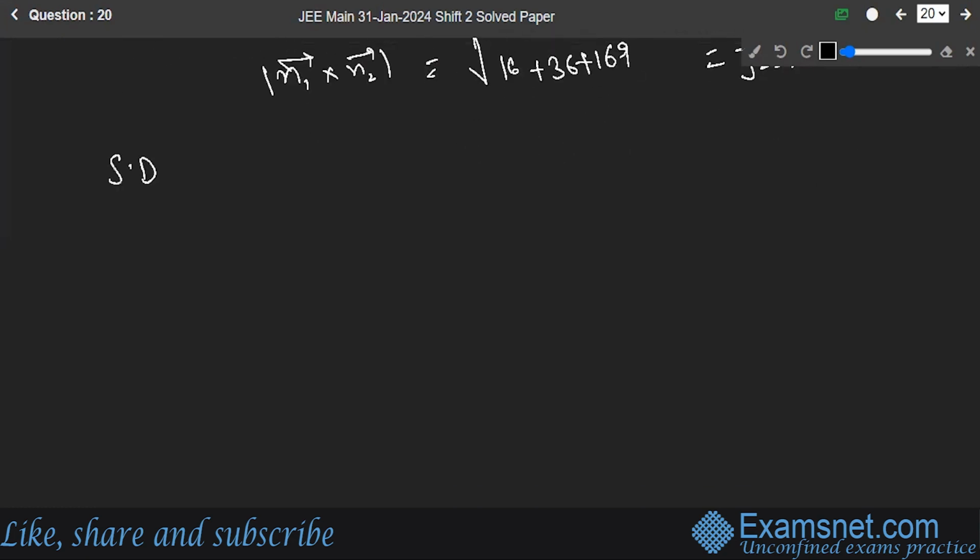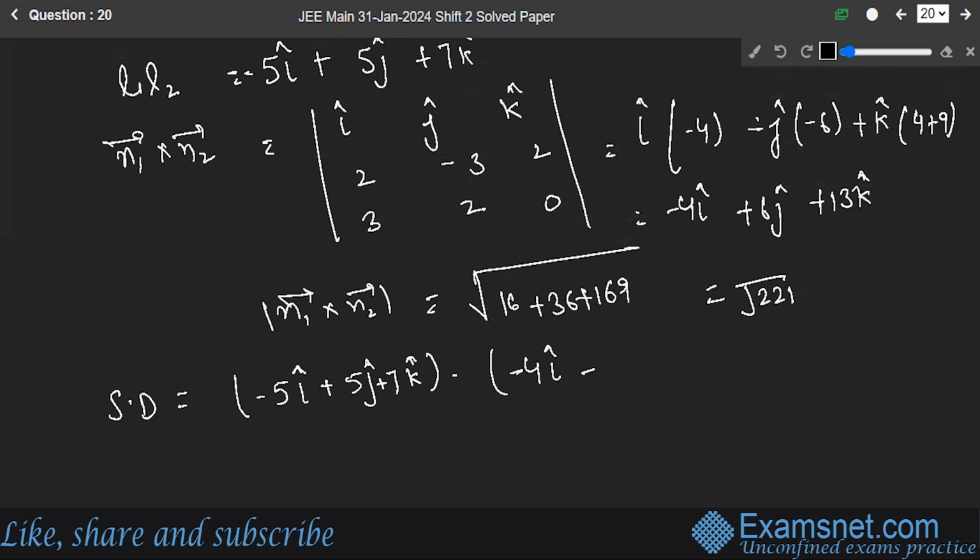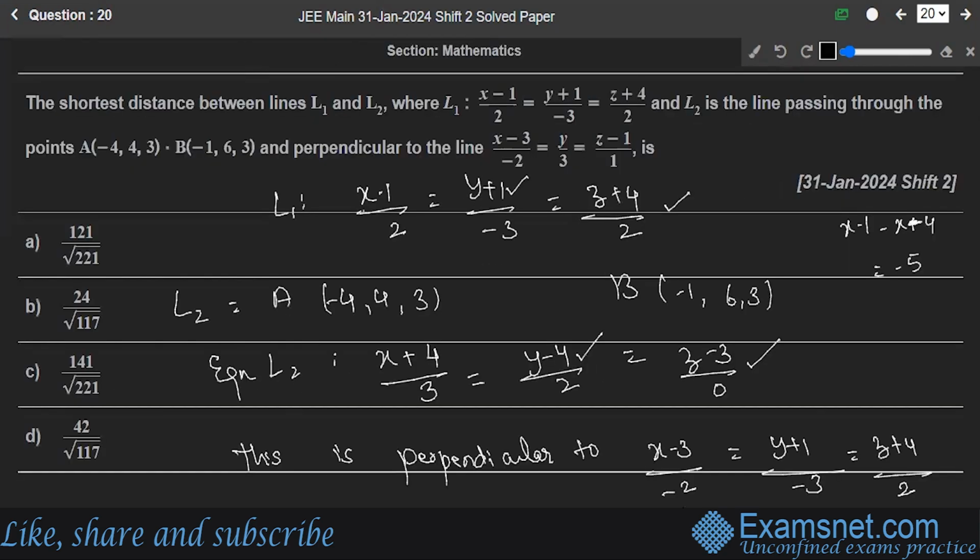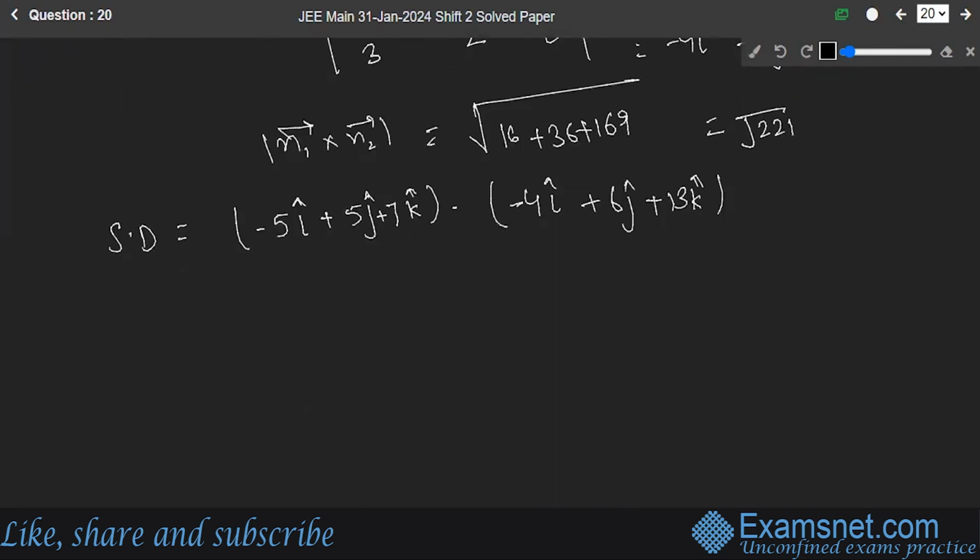So the shortest distance is given by minus 5i plus 5j plus 7k dot product with minus 4i plus 6j plus 13k whole thing divided by root of 221.